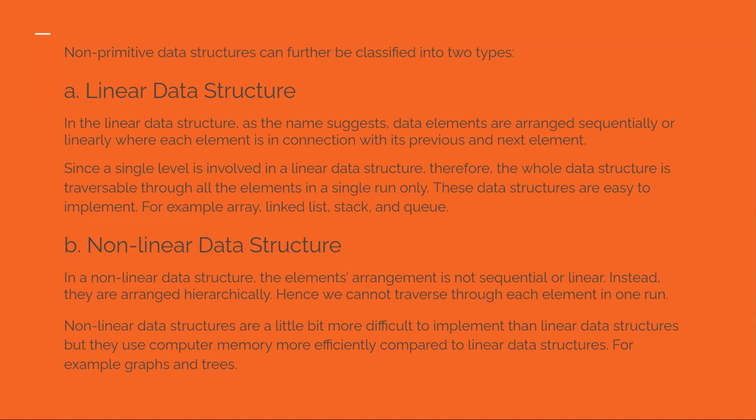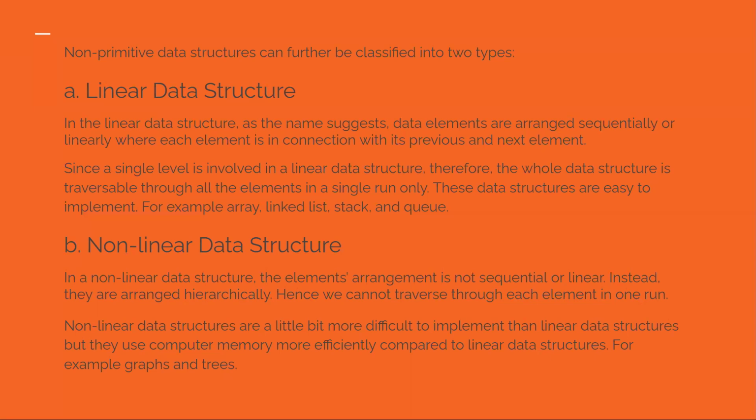In a linear data structure, as the name suggests, data elements are arranged sequentially or linearly, where each element is in connection with its previous and next element.